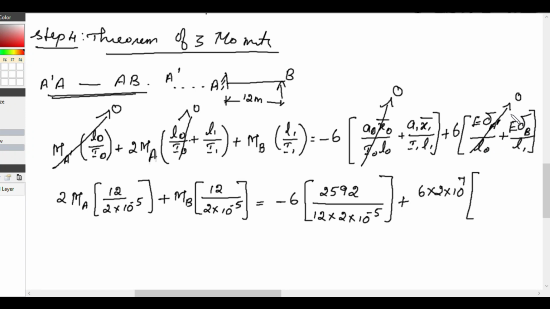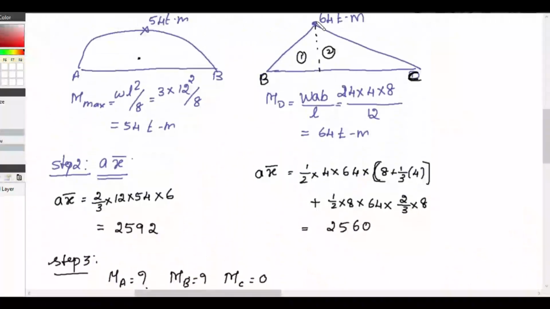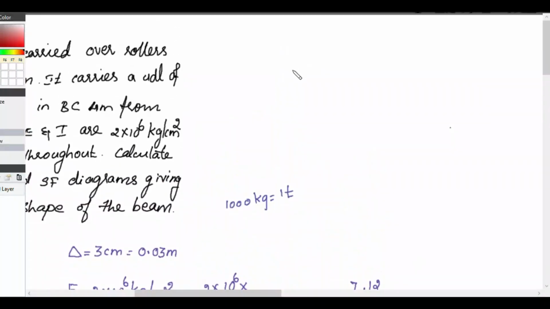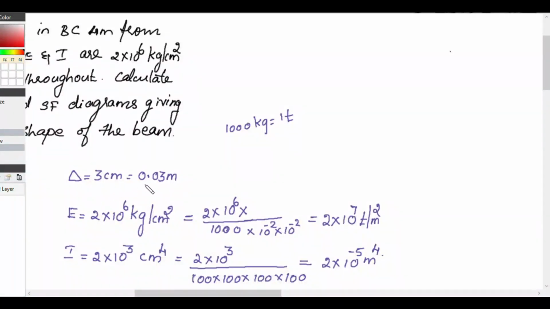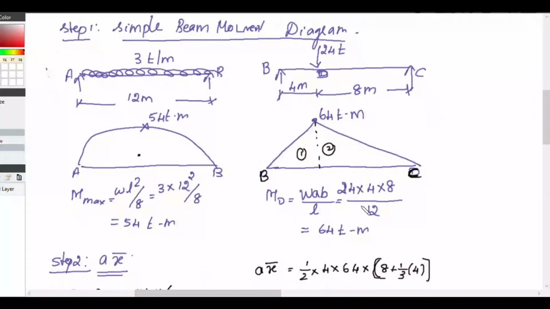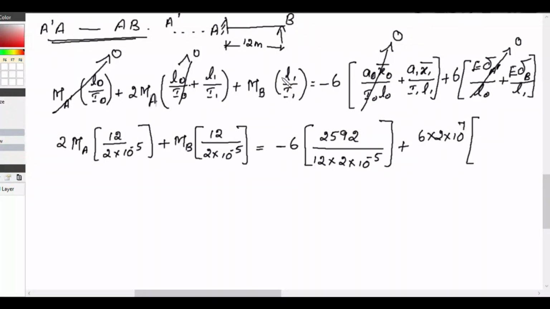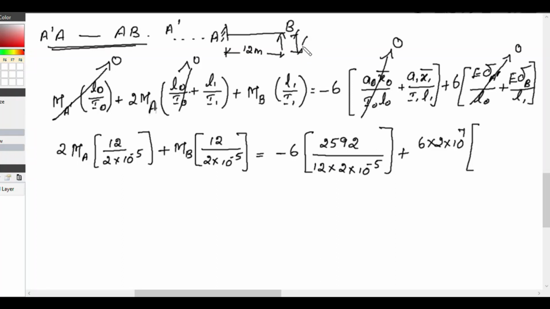Now delta B. So we know B sinks by how many? B sinks by 0.03 meter.